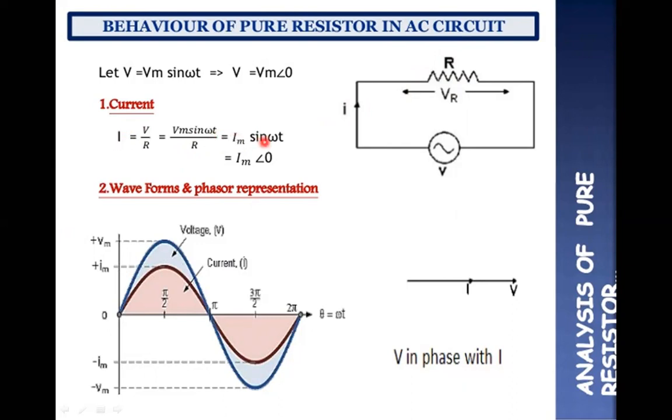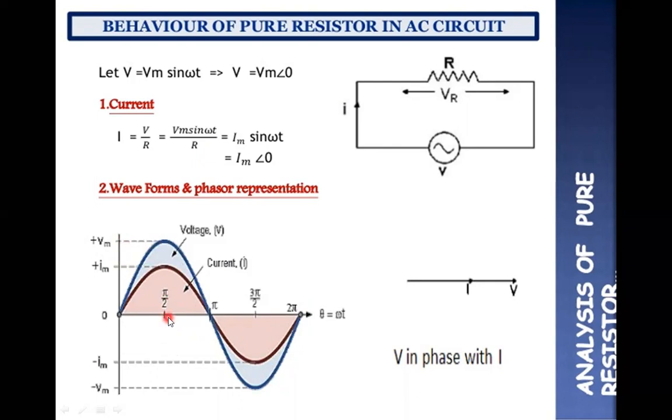So waveforms and phasor representation. You can see that this is the current, because it's a sinusoidal wave, it will start from its mean or zero value. So this red color represents the current, whereas this blue color represents the voltage value. So we can understand from these two graphs, this is the maximum current and this will be the maximum voltage.